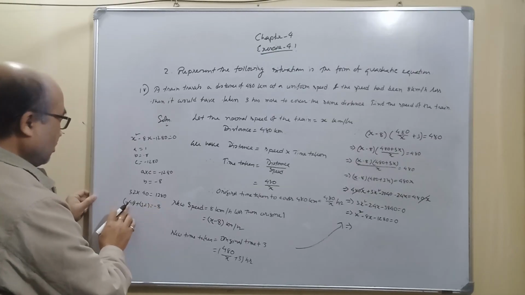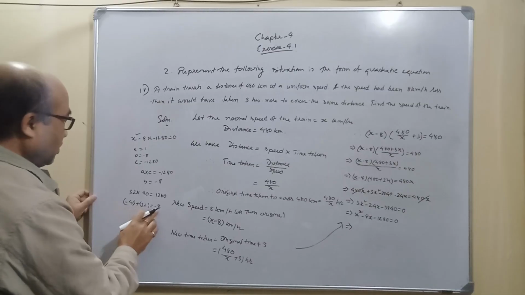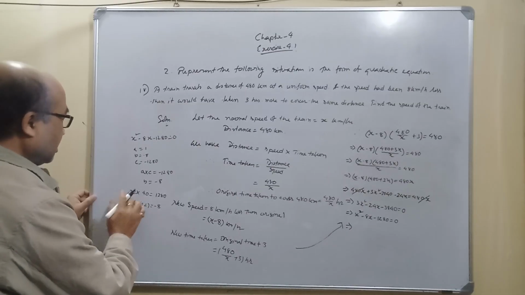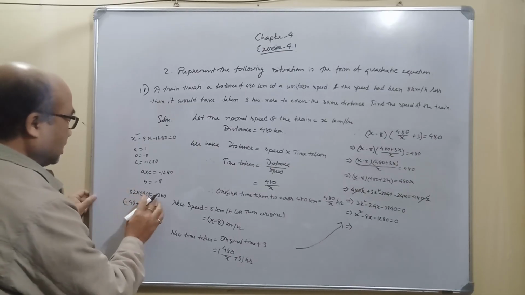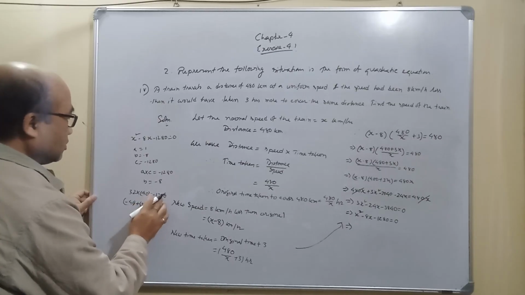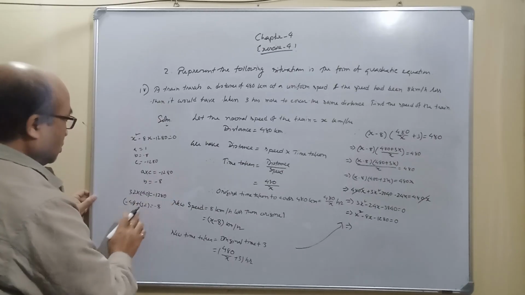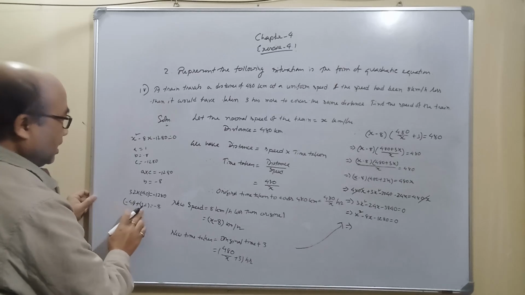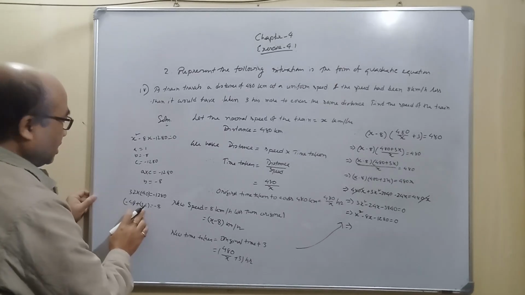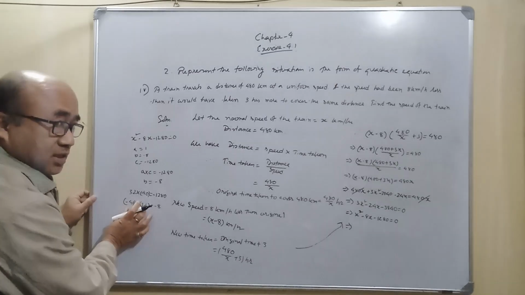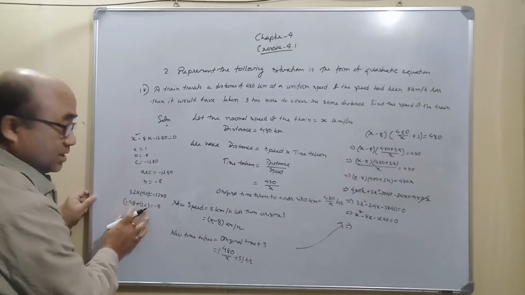So the numbers can be minus 40 and plus 32, whose sum is minus 8 and whose product is minus 1280. So the numbers are minus 40 and 32.